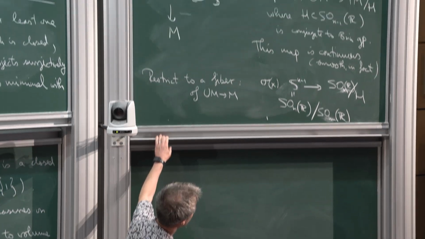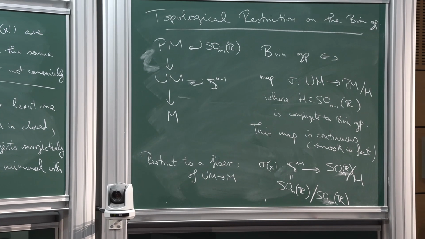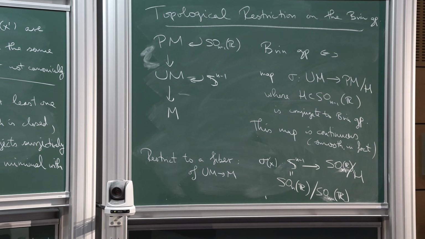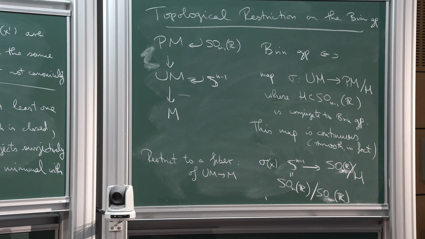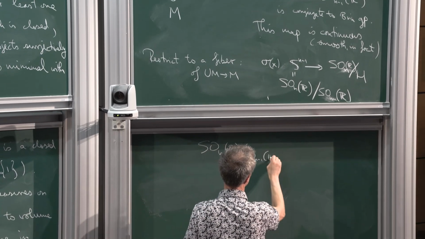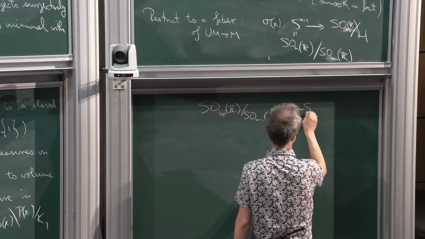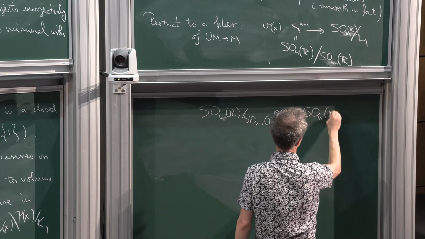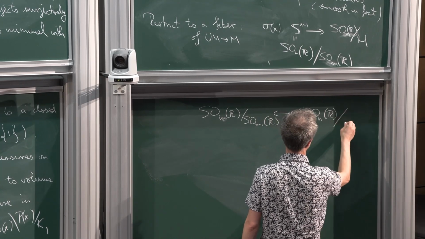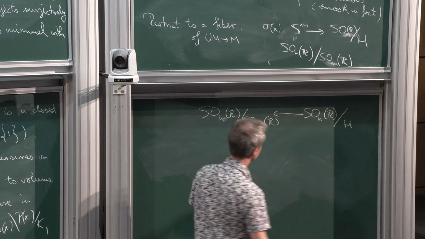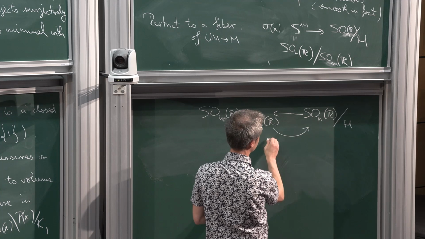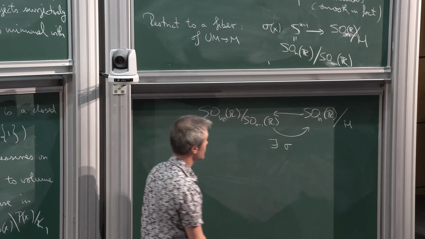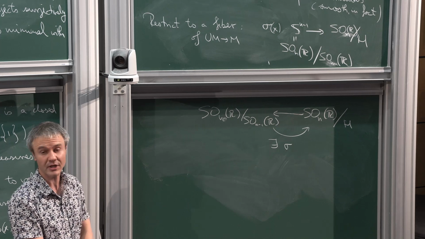So we have such a map, and so we clearly have a projection. So H is a subgroup of SO(n-1, R), and the existence of a continuous such map is a non-trivial topological obstruction.